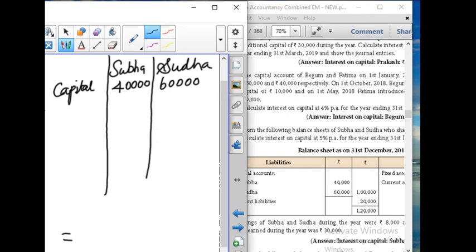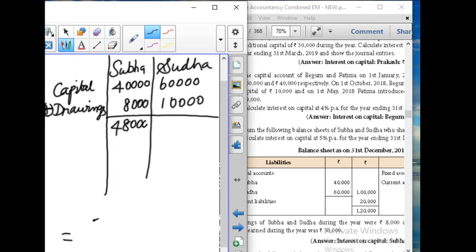Drawings we have to add. So drawings, how much? 8,000. Next, 10,000. So totally 48,000 and 70,000. Okay. Less profit.